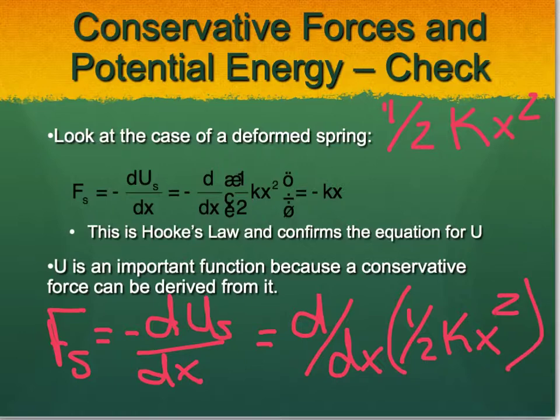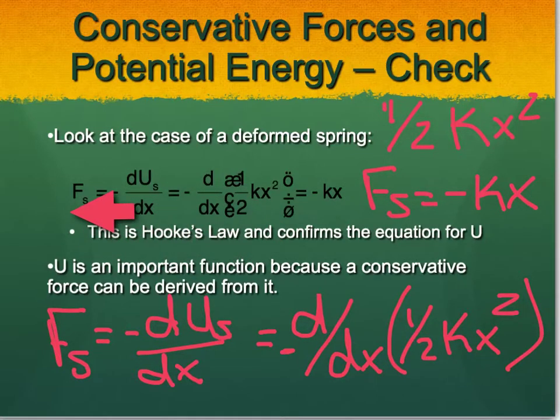If I do that, then that should give me Fs equals a negative kx, because my negative is still out there, sorry guys, a negative kx. Well, we know that the force for the spring is equal to a negative kx. That was just simply Hooke's law.